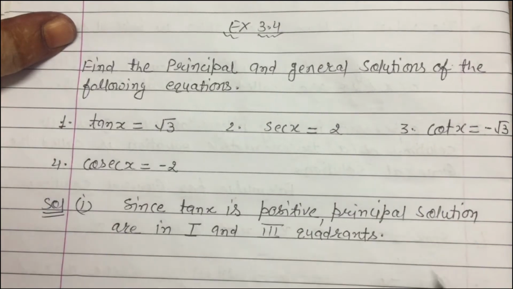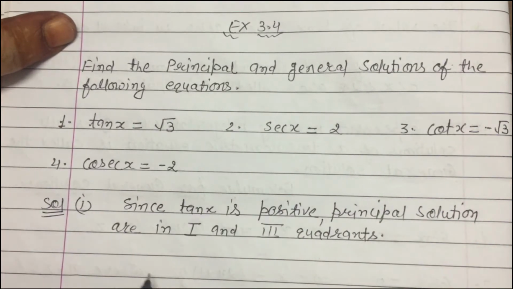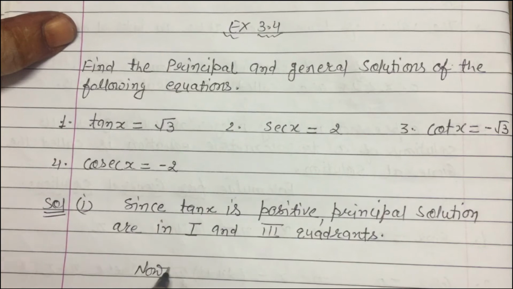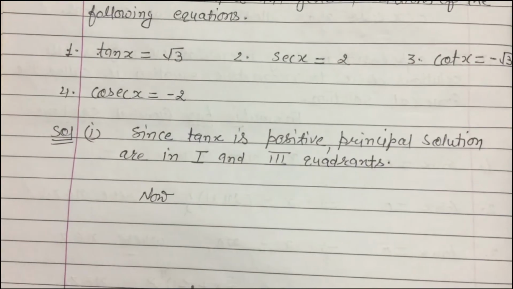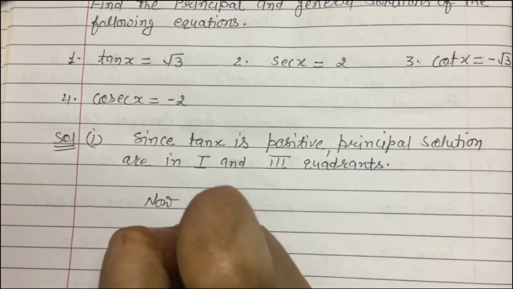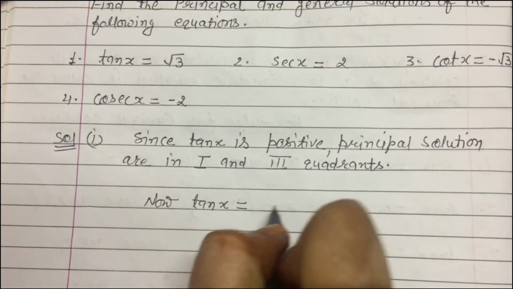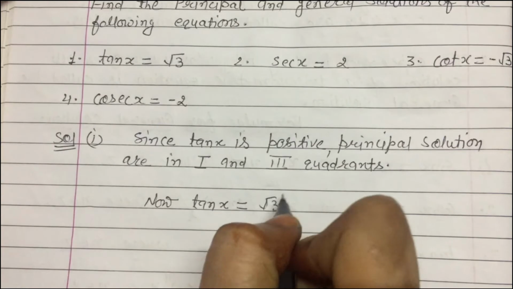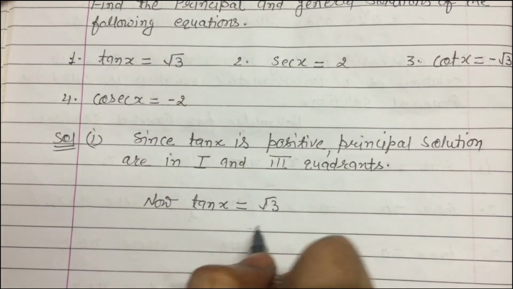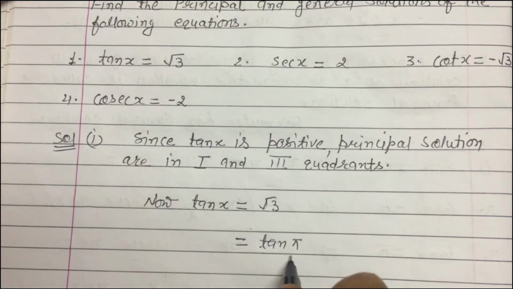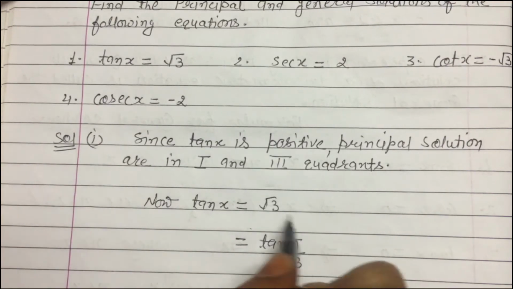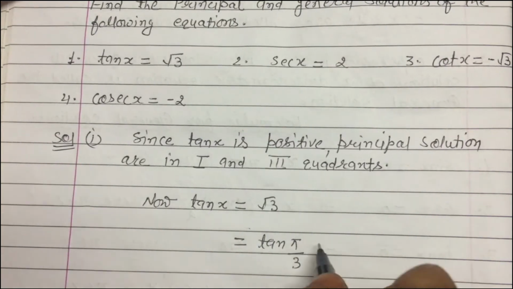Now tan x is equal to root 3. You all know that it is tan pi by 3, the value of tan 60 is root 3.